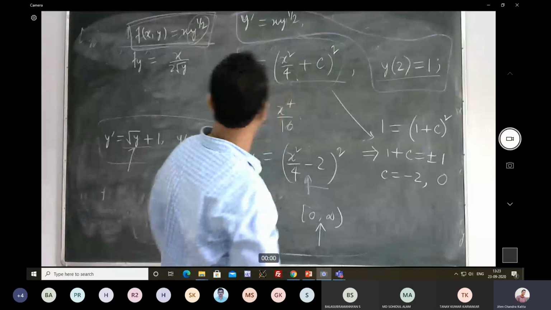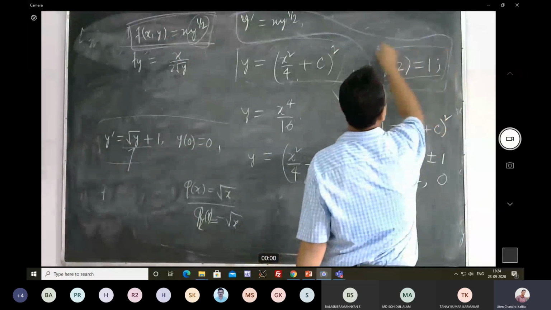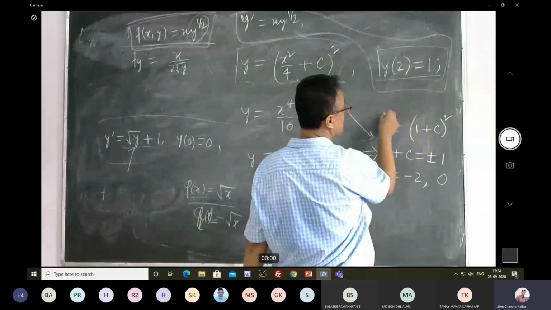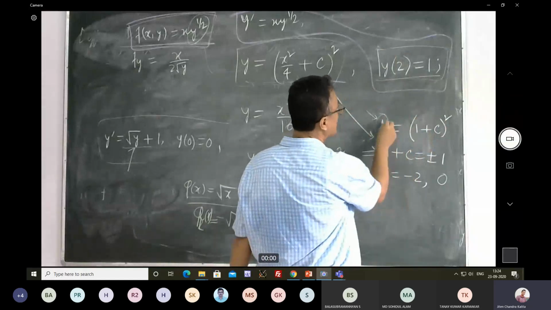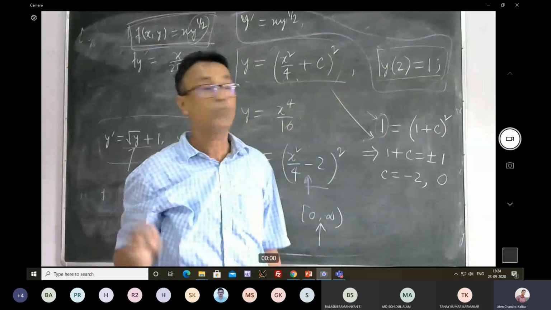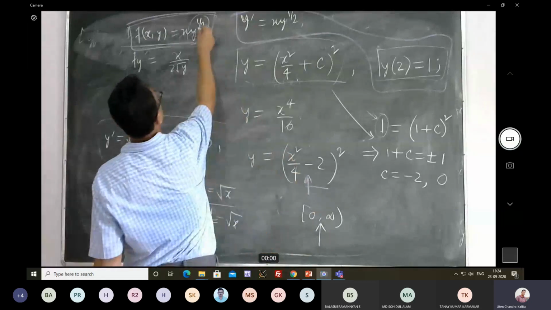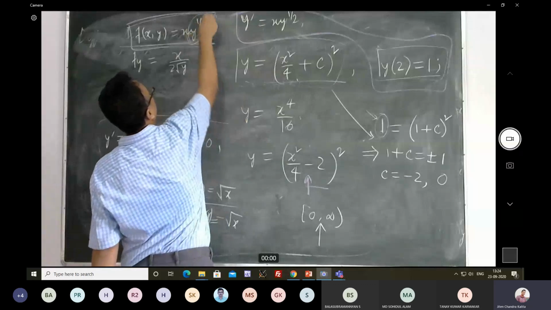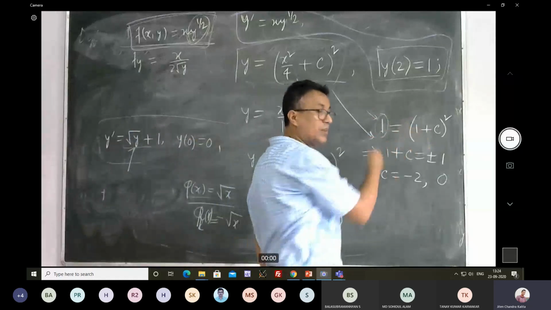For these solutions to be valid for this function, when I plug in this initial condition, it gives me this, because this value belongs to y. Whenever I consider the square root of this, I consider only the positive square root for this equation. I have taken the negative square root in this equation. Had I taken x into minus square root of y, then I would have been allowed the negative square root, but only one at a time.